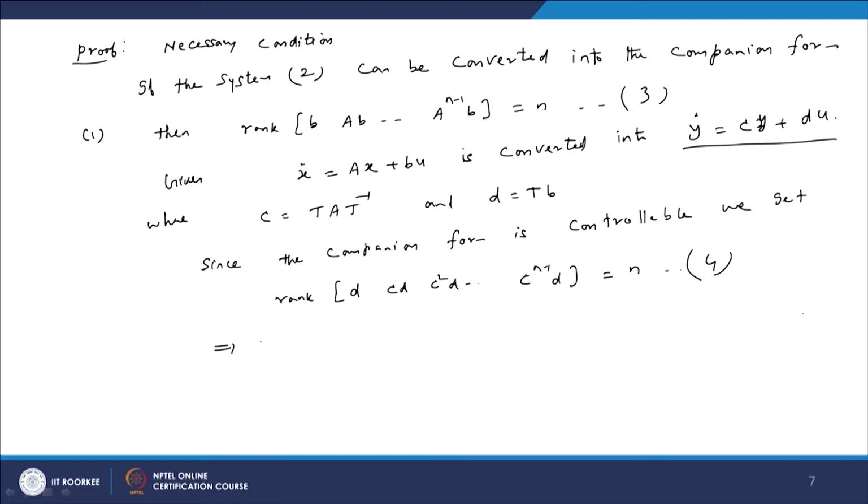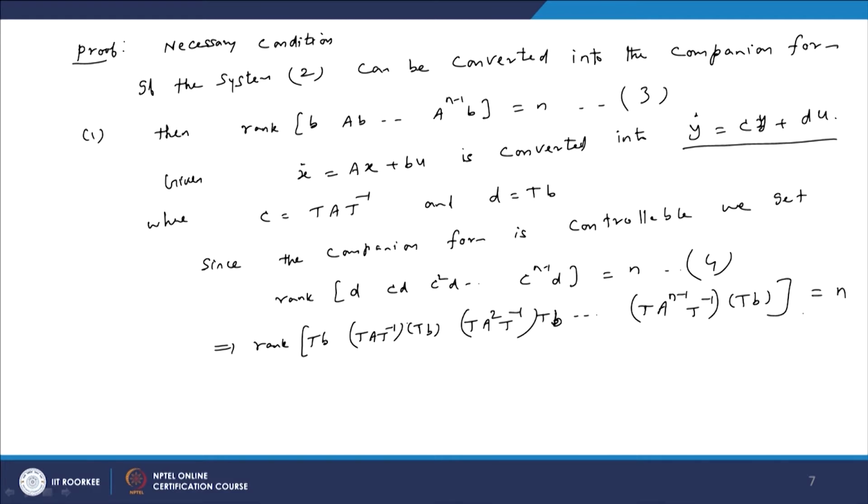This implies that the rank of D is given by TB, and C is given by TAT inverse into D, that is T into B, and C squared means TA squared T inverse and D is T into B, etc., and C power n minus 1, that is TA power n minus 1 T inverse, D is T into B. So, this matrix has rank n, it is given by 4.